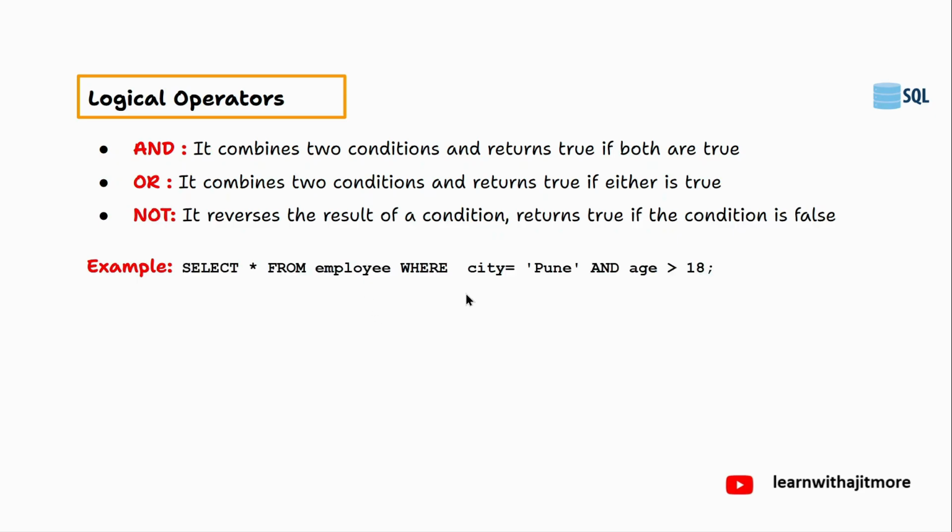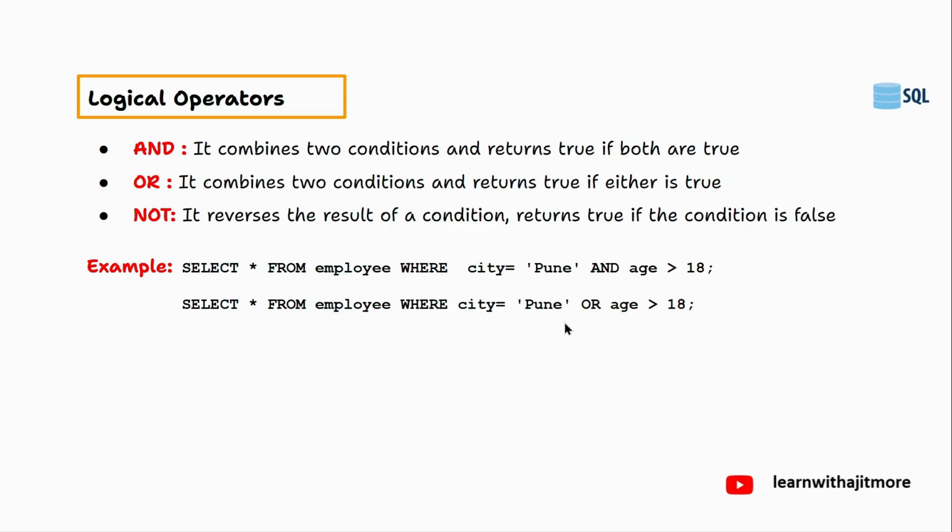Okay? As an example, see. Here we are adding two criteria. I want all the employees who are more than 18 years age and as well as they stay in Pune city. In short, I want Pune city employees with age more than 18. Okay, so I'll add and. Suppose if I put or, then it will display employees of Pune, irrespective of their age.